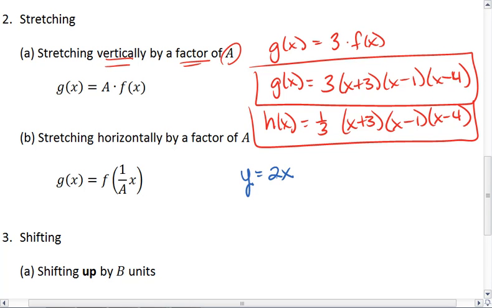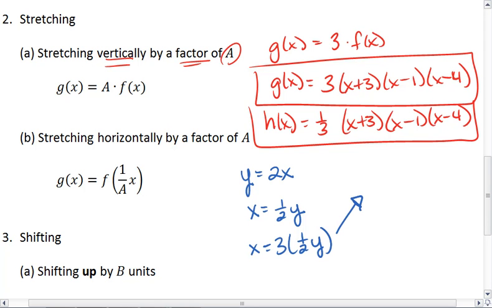Now, it doesn't quite work the same way with x, because first we would have to solve for x, and then if we wanted to stretch by, say, a factor of 3, we would multiply everything x equals by 3.